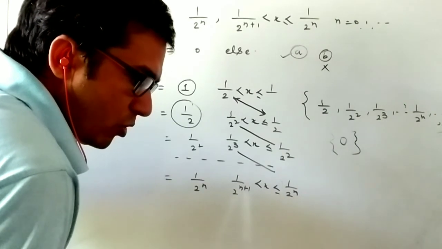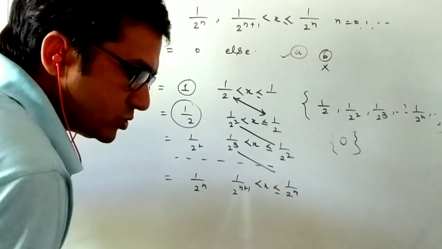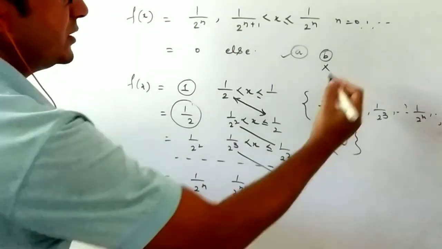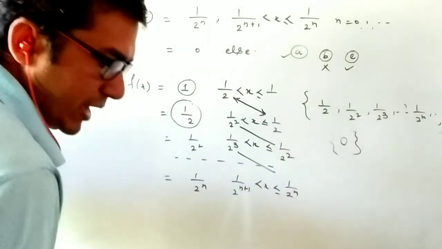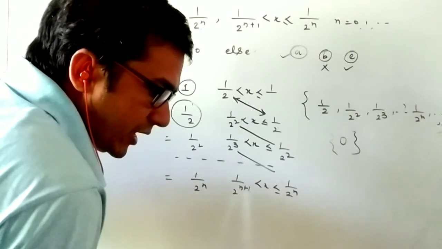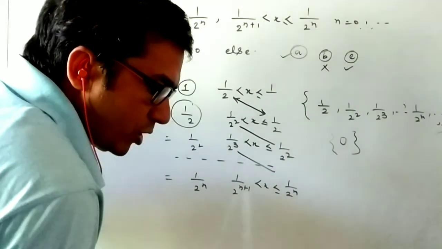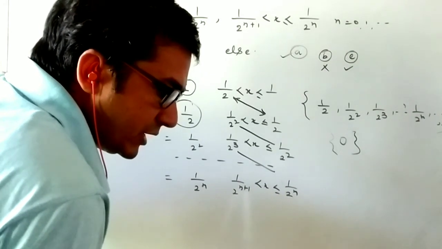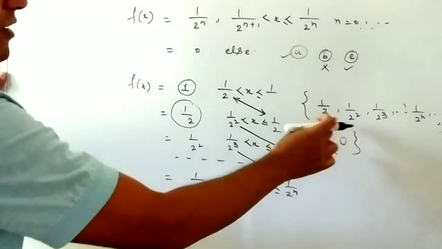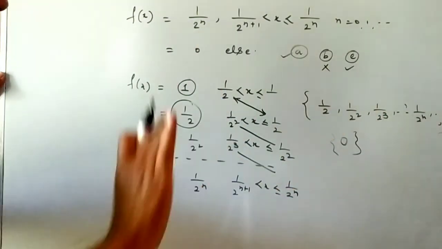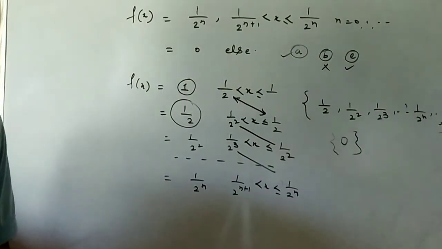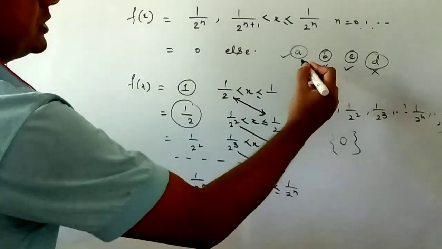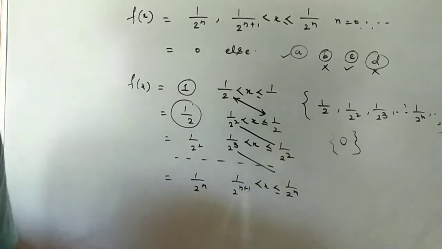The set of points of discontinuity of f has only one limit point, right? This is C. And option D, every member of the set of points of discontinuity of f is a limit point. No, half, half square, half cube are not limit points of this set. So D is not correct. So options A and C are correct.